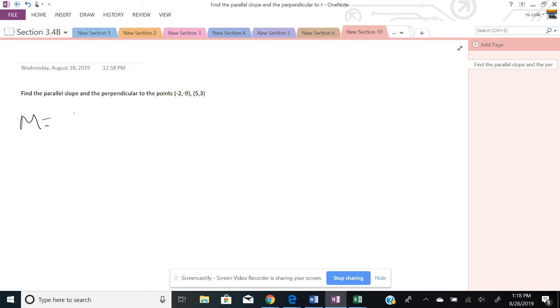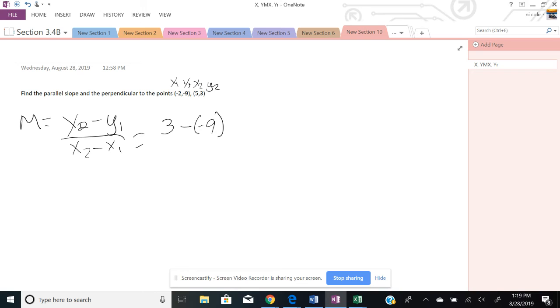And remember, the equation for the slope is y2 minus y1 over x2 minus x1. This is my x1, y1, x2, y2. All right, so that would have 3 minus negative 9.